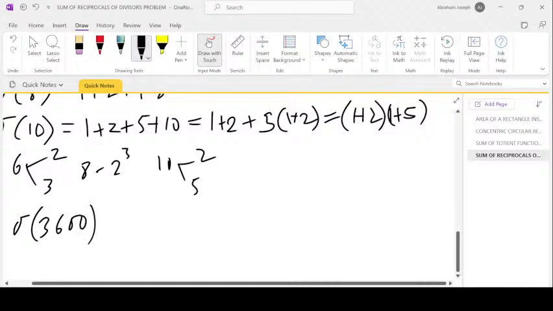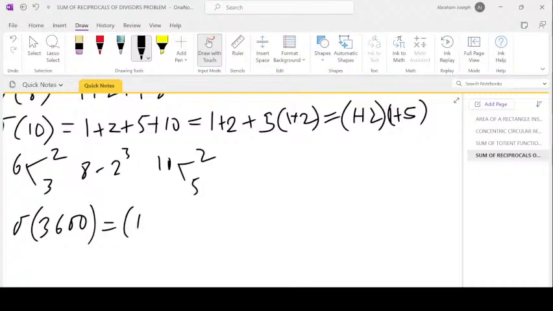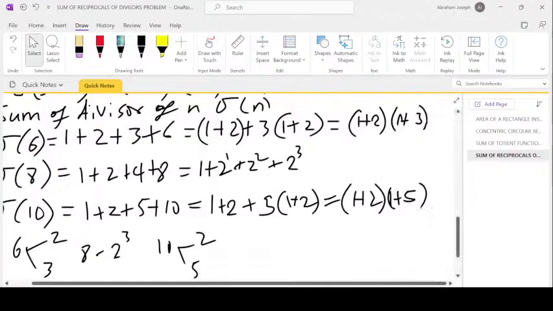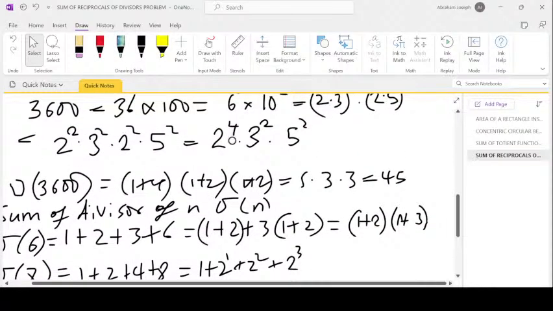3600 will now be 1 plus 2 plus 2 raised to 2, that's 2 square, plus, so I think it's up to 2 square. So the power is going to end at 2. For 3, let's check for 3. So that's, yes, up to 4. 2 raised to 4, yeah. So for 3 is 2 and 2.